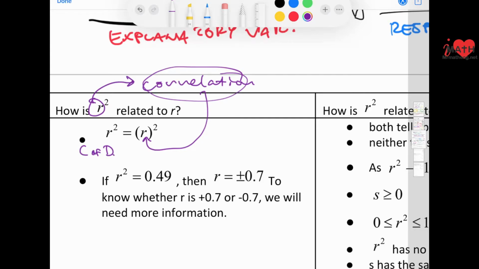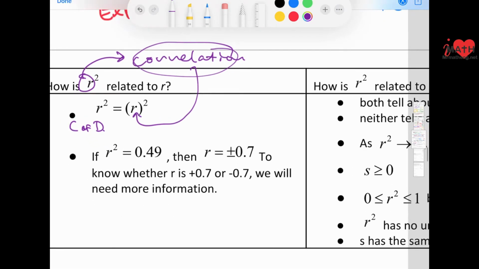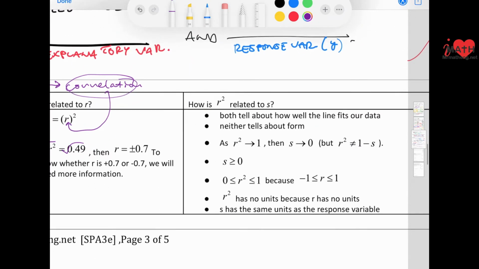Okay? So if the coefficient of determination r squared equals 0.49, and you want to figure out r, well, you could just use your math skills. How do you get rid of that power of 2? What's the opposite? It's the square root. Well, what's the square root of 0.49? It is 0.7. So r here can be both positive or negative 0.7. And if you want to know if it's positive or negative, you have to use some more information.